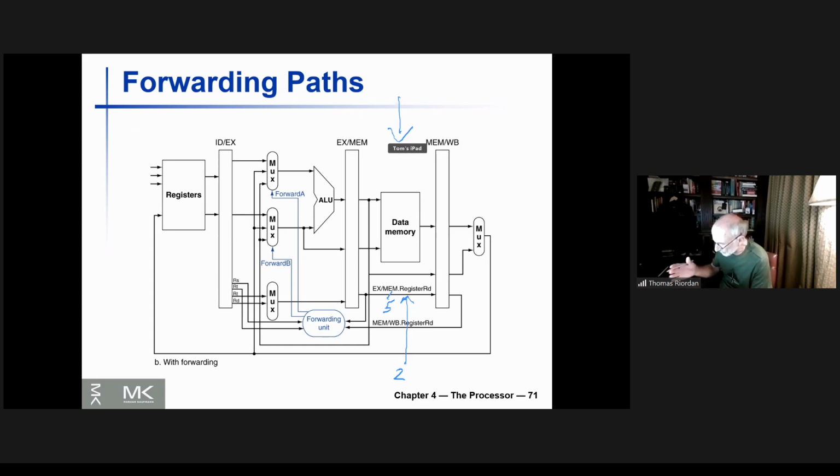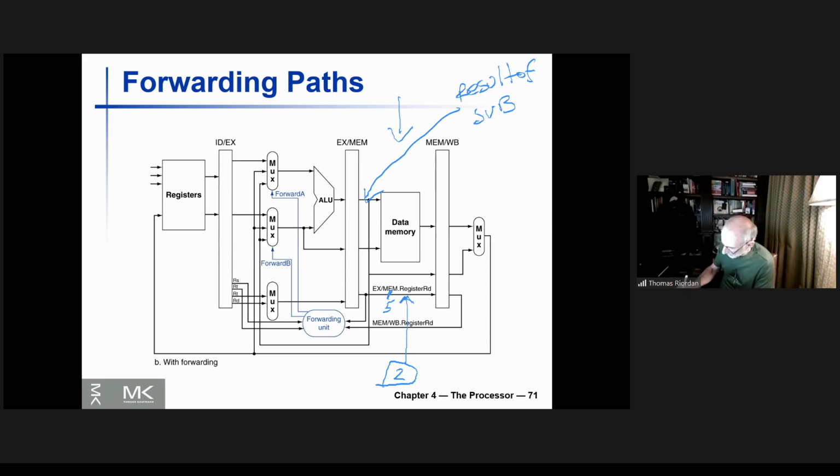So right after the subtract has done its job and the subtraction is complete, the result of the subtract will be here, and the value 2, which is where it's going to get written into the register file, will be sitting right here on this 5-bit bus.